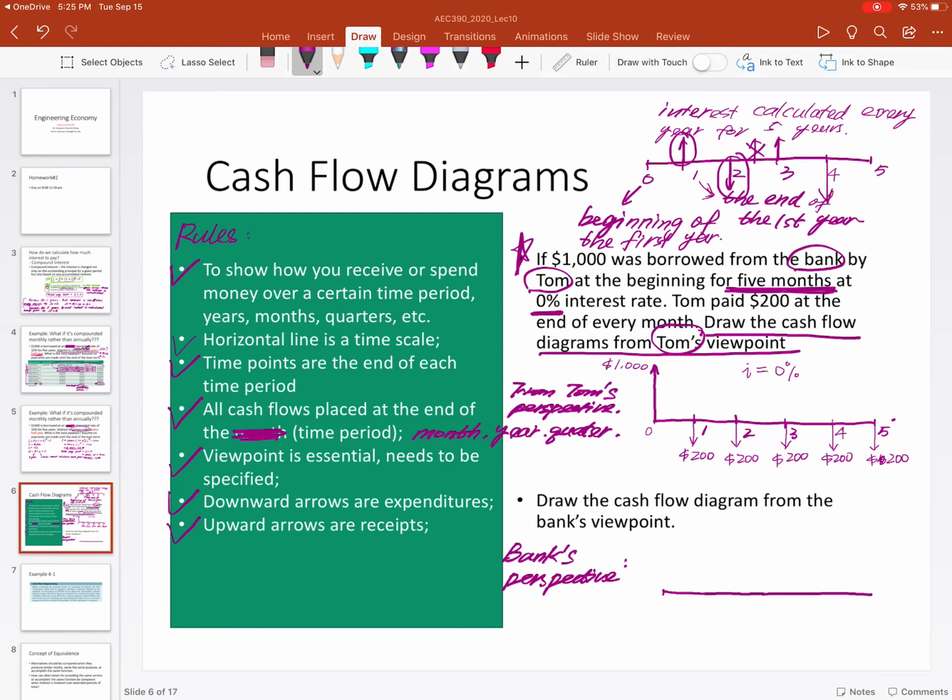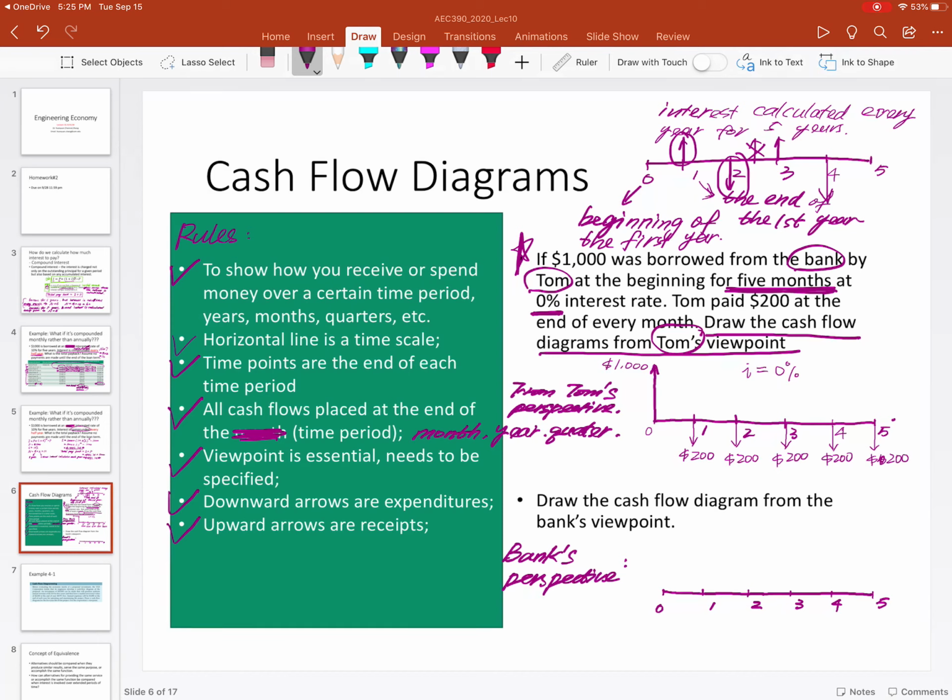And then you put the time spots: the beginning of the first month, the end of the first month, the end of the second month, the end of the third month, the end of the fourth month, and the end of the fifth month.